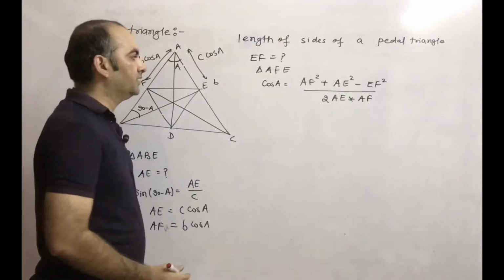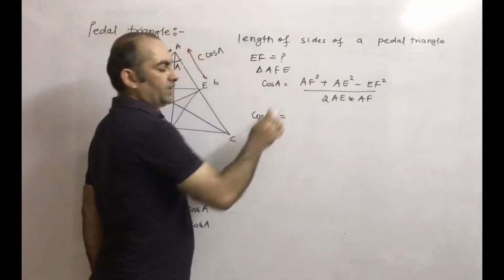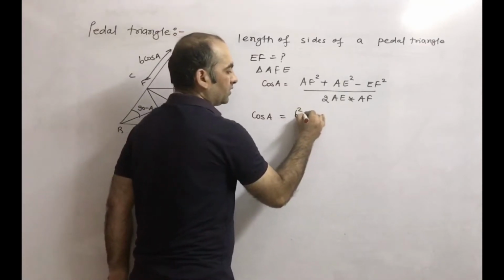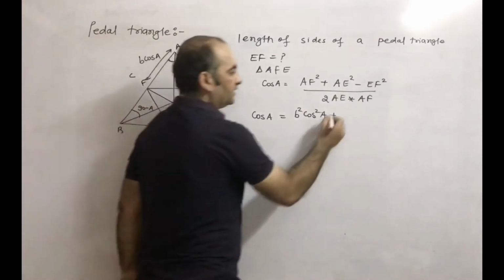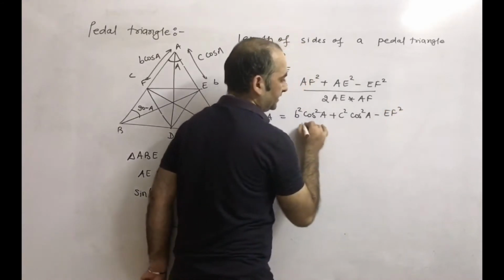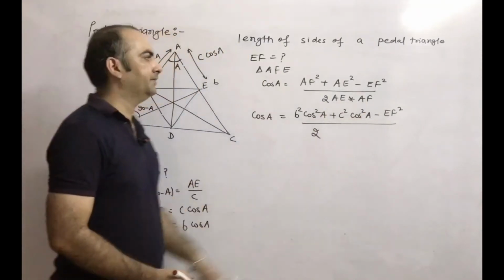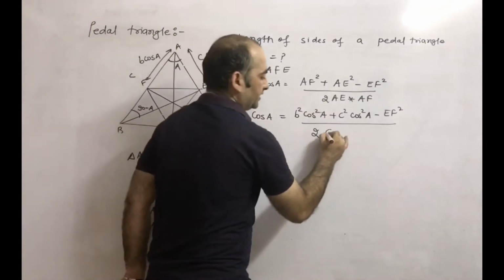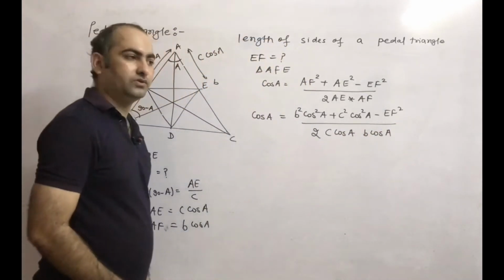So cos A as it is equals AF square, where AF is b cos A, so b square cos square A plus AE, which is c, c square cos square A minus EF whole square, divided by 2 times AE into AF. AE is c cos A and AF is b cos A, so c cos A into b cos A. Just multiplying.